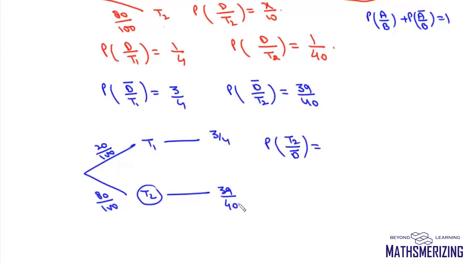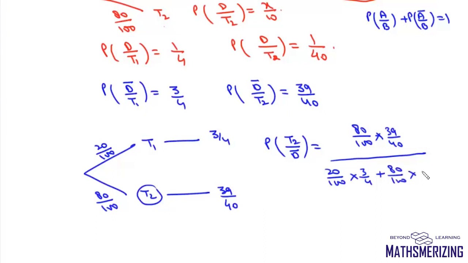So we'll take this case in the numerator. So it will be 80 by 100 into 39 by 40, divided by 20 by 100 into 3 by 4 plus 80 by 100 into 39 by 40. Now the zeros will cancel. We'll cancel this 400.